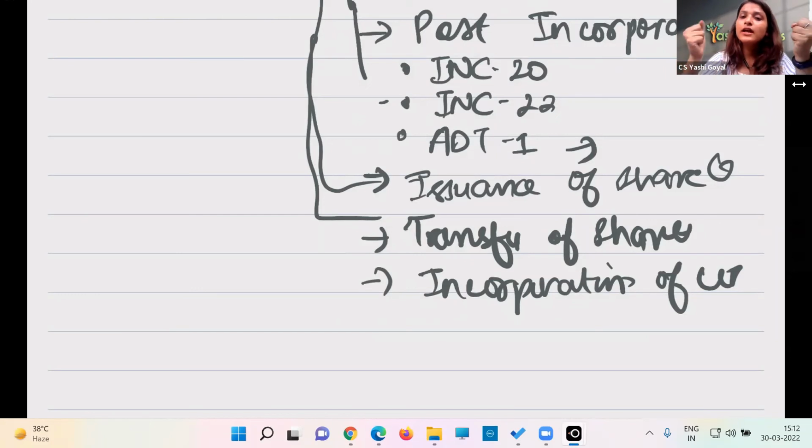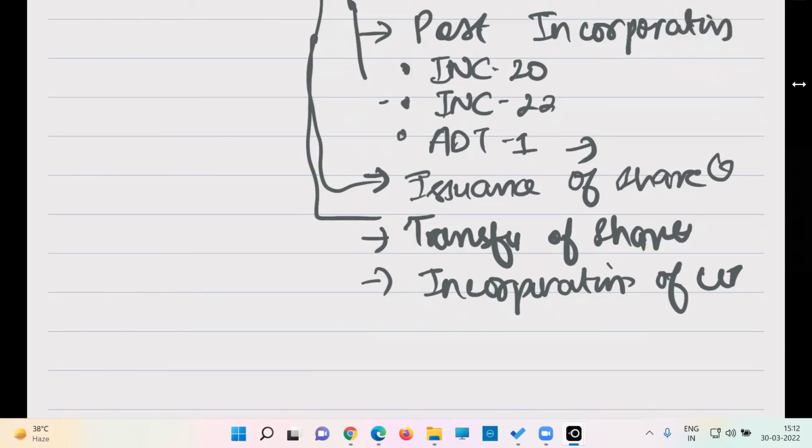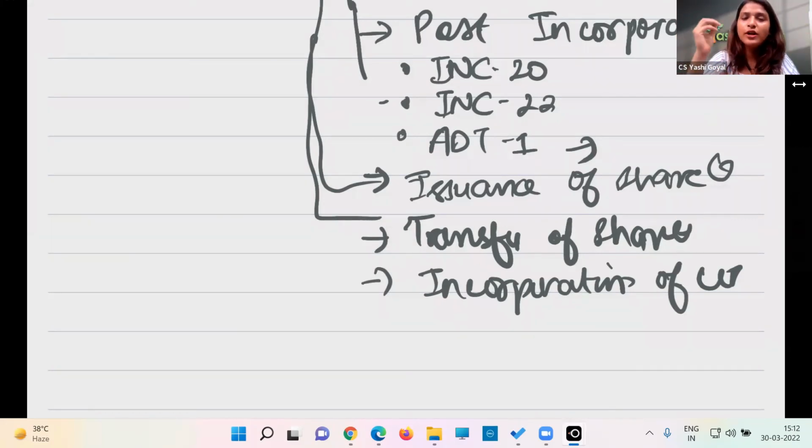We would cover how to incorporate an LLP and the legal aspects, but at the end of the course. Right now, in practical terms, the MCA portal is not working for LLP incorporation. There are many bugs. Even I am incorporating an LLP and am not able to do so.